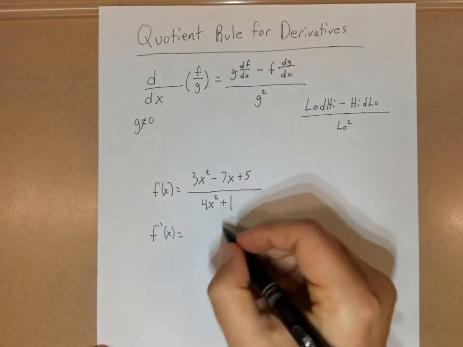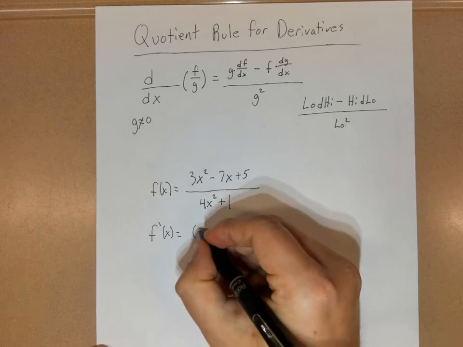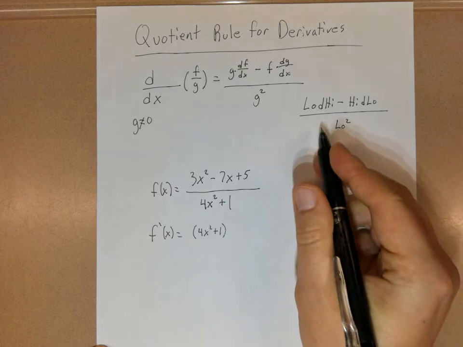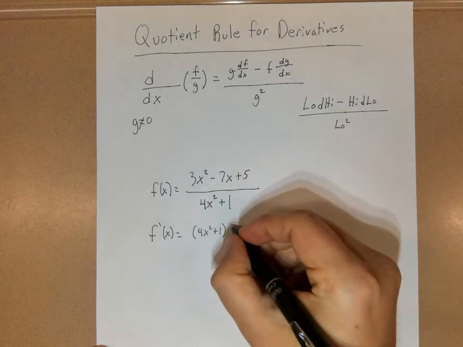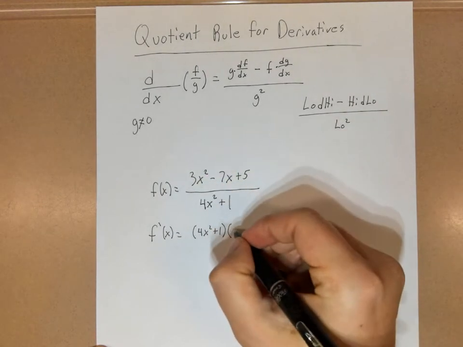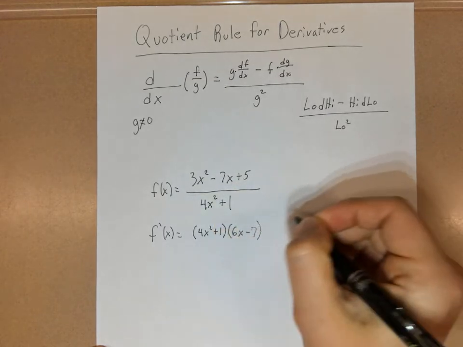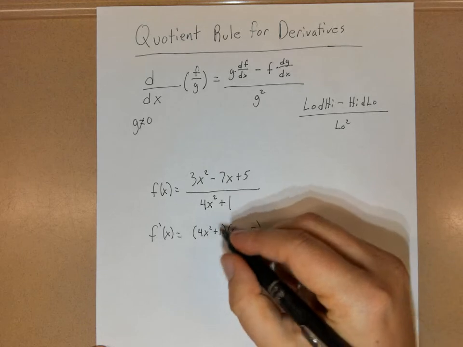I'm going to take my low, so my 4x squared plus 1, d high, so the derivative of the top, that's going to be 6x minus 7, and that's just the first part.